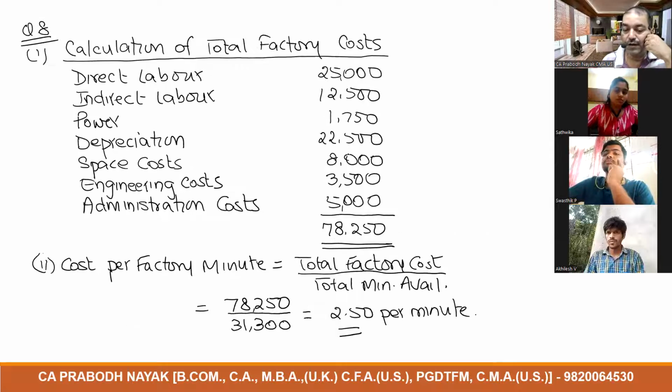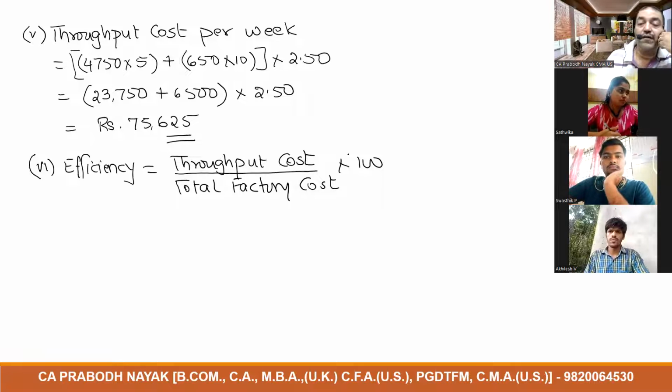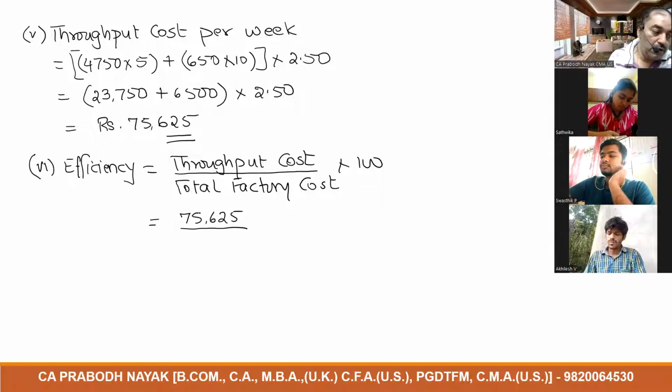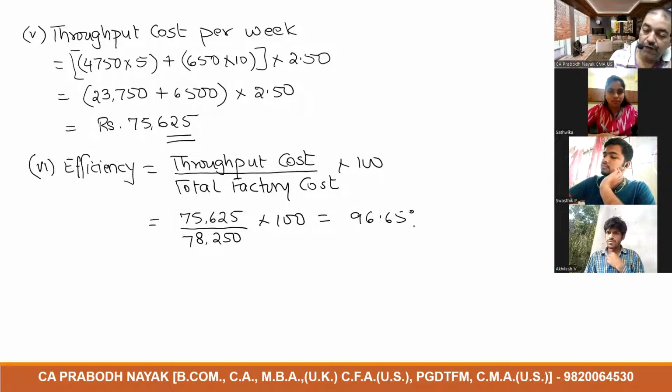Okay, we calculated that here, 78,250. But I have actually incurred a throughput cost of only 75,625. So what is the efficiency? 75,625 divided by 78,250 into 100. So 95.65% efficiency.